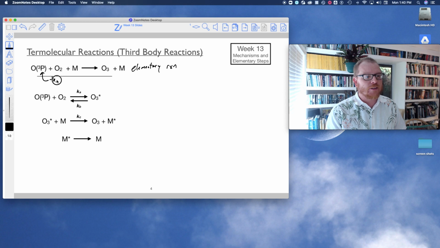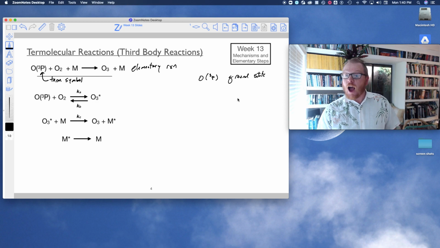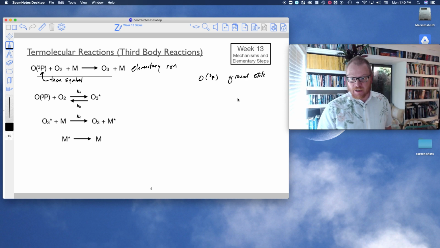So that's called a term symbol. And as it turns out, O triplet P is a ground state oxygen atom. We're going to talk about this in a lot more detail in Chem 362.